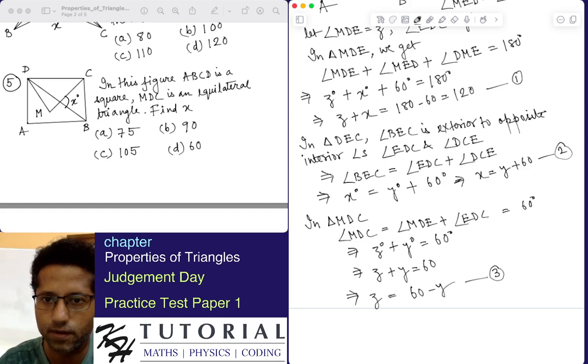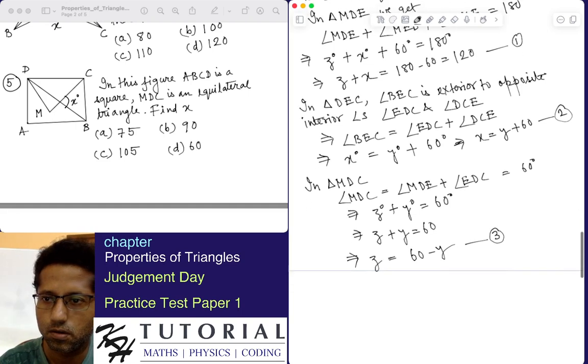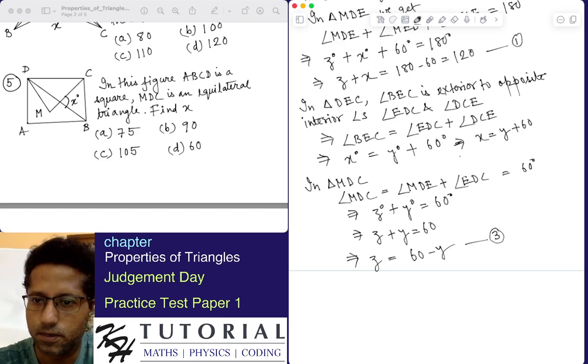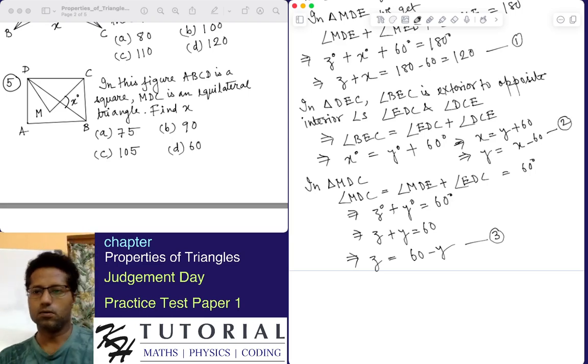We got Z in terms of Y. Now from this we will say equation 2. This implies Y is equal to X minus 60. Let this be equation 2. So now we got Z in terms of Y. We have Y in terms of X. So we will use equations 2 and 3 in equation 1.